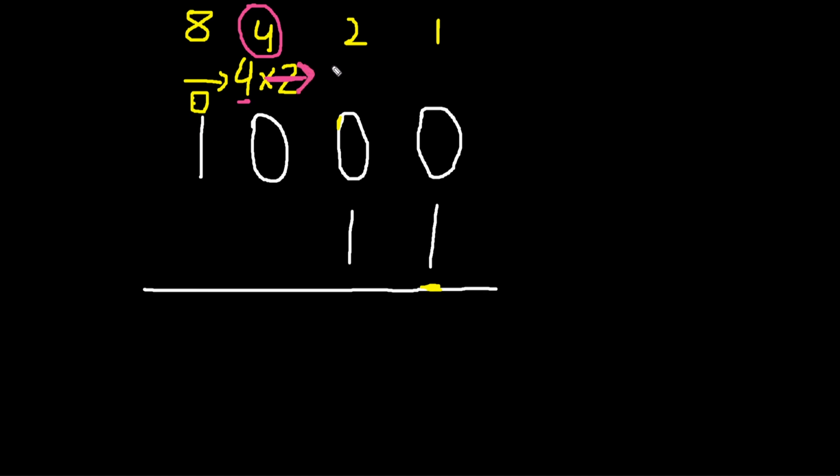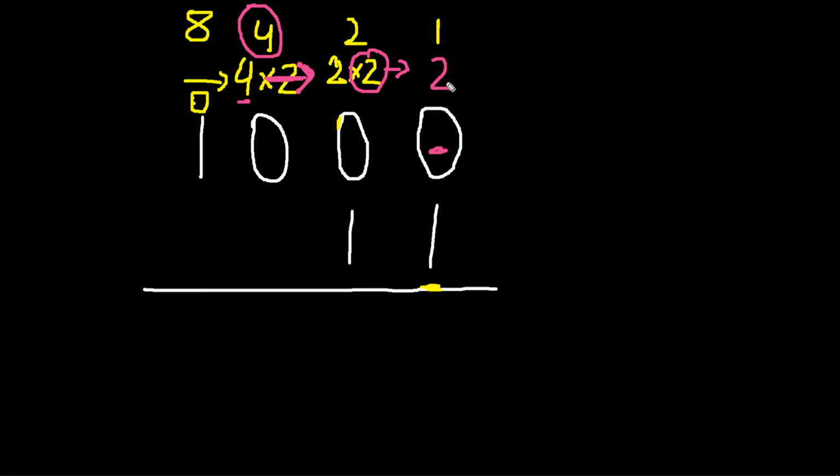And 4 is basically, I think you know, twice 2, because it's our second rank. And here we also borrow this 2. So now, where we had 0, we have 2.